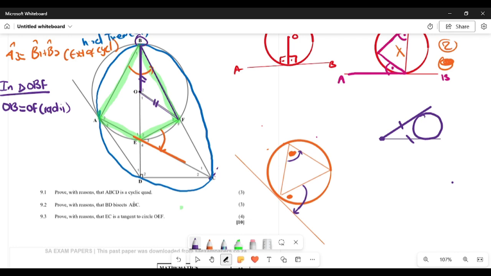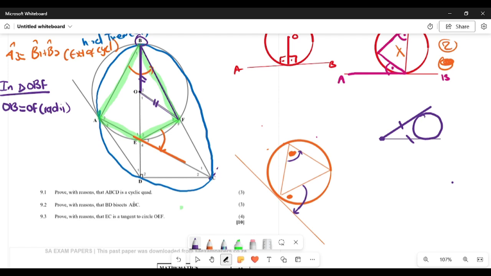But remember, we proved in the previous question that B2 is equal to B1. So as a result, can you see that O1 will be equal to B2 plus B1, because F1 would also be equal to B1. All these angles are equal to one another. So now we have proved that this angle here in the middle is equal to B1 plus B2.